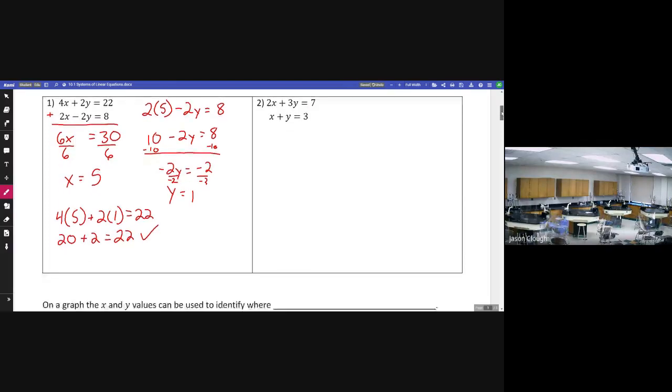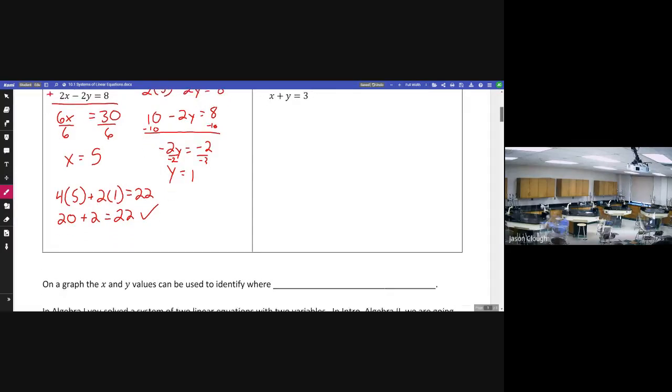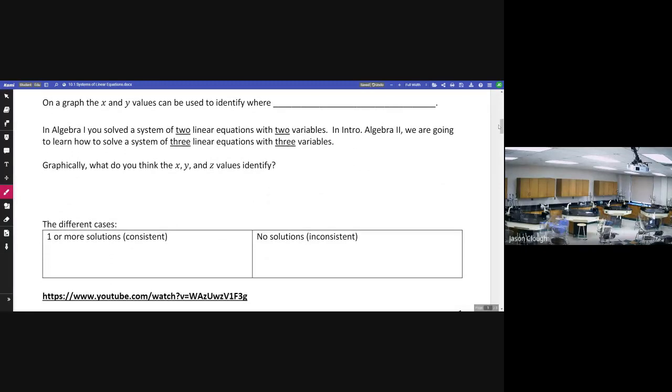So remember, this is what we talked about before on how we can solve 2 linear equations with 2 variables. Now recall down here, what this means graphically is that if we were to take those 2 lines, put them on a graph, that x and y value would identify where 2 lines cross.